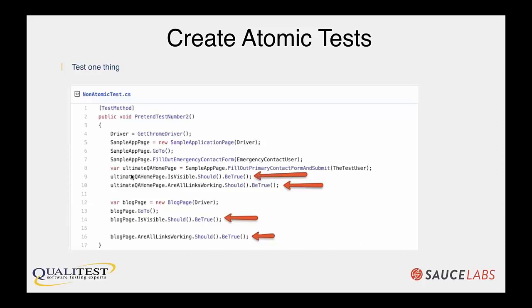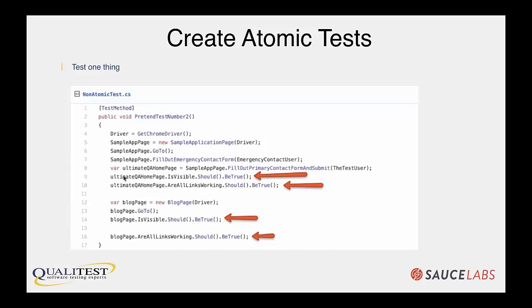As you can see, for example, here, we're checking that this Ultimate QA homepage is visible. We're also checking that all the links are working. Then we are using this blog page here. We're checking that the blog page is visible. And then we're also checking that all links are working on the blog page. So the problem with non-atomic tests is that, let's say, for example, that line 9 is where your test case fails, right?